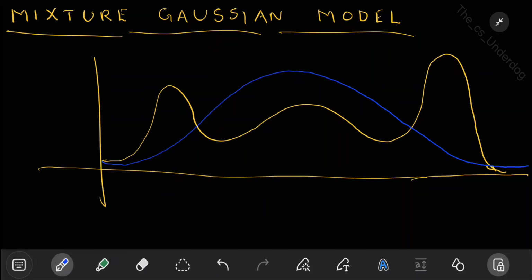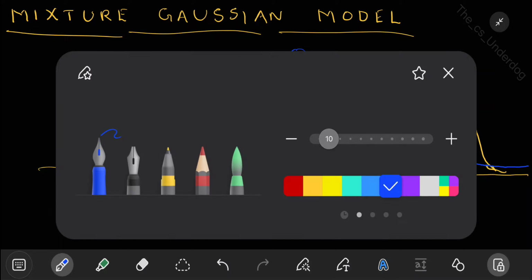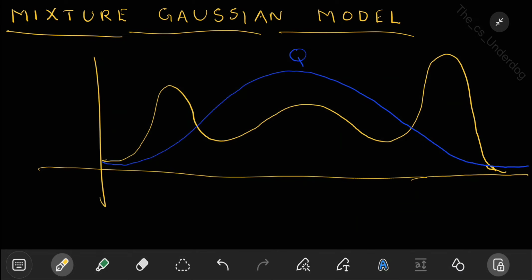Let us say the name of the Gaussian that I drew is Q. Q is the blue distribution, using which I'm trying to model P, which is yellow. Let me write P on my yellow graph. P is my actual data coming from a real world data set.